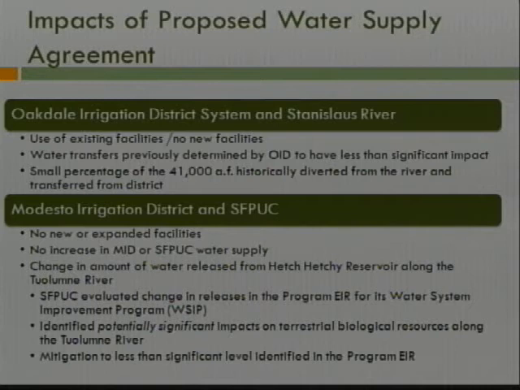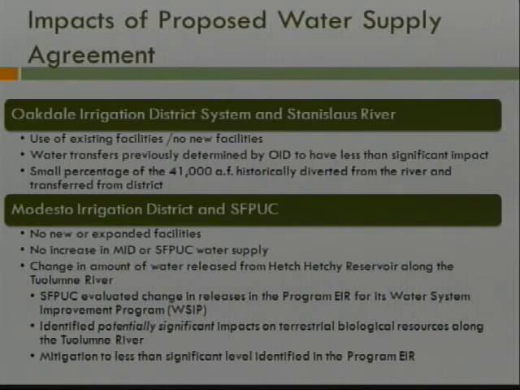SFPUC, in analyzing their system and movement of water from Hetch Hetchy, did a water program, looked at the releases, and determined that there was a significant impact in relation to releases from Hetch Hetchy Reservoir on the meadows along the Tuolumne River. They identified that and then came out with a mitigation program to mitigate those impacts.